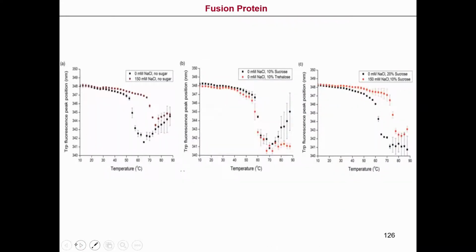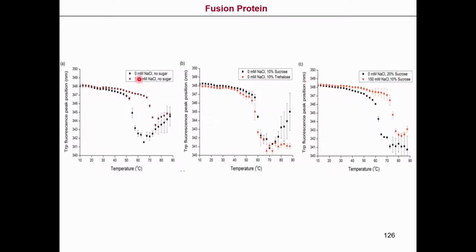Okay, so they try to observe the aggregation of the fusion proteins, and to avoid it they perform the experiment at different concentrations of sugar and different concentrations of salt, with sugar and salt.